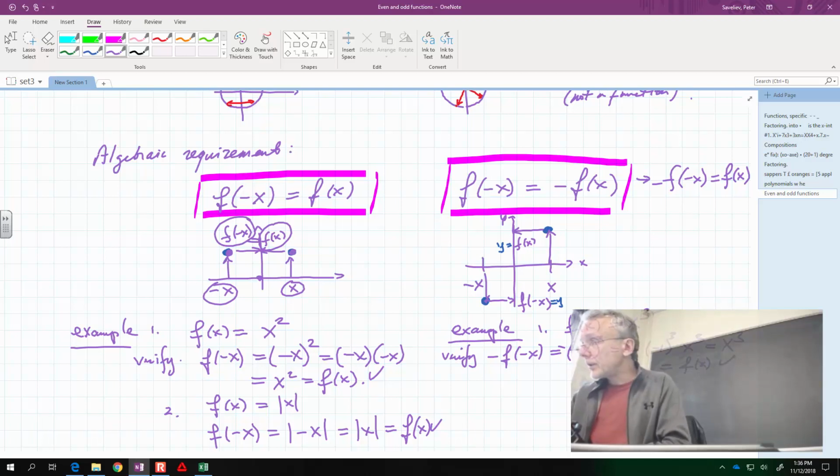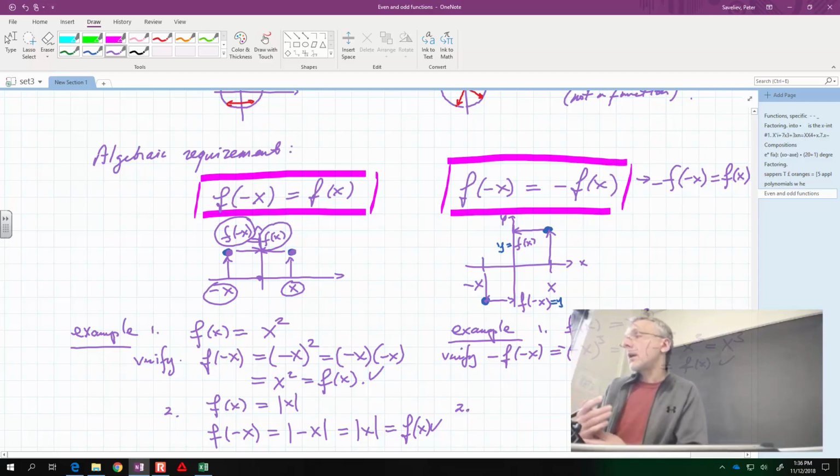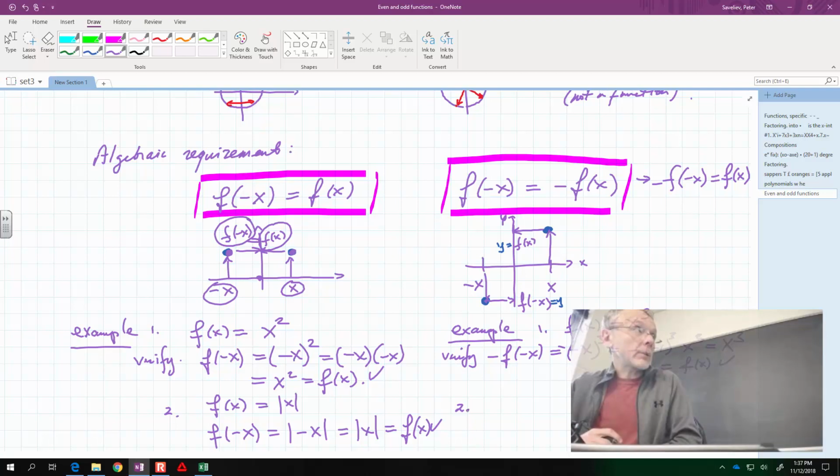So there is no good example of what we have seen so far, a function that is as simple as absolute value of x. Well, let me do something else, and that is, how about I try the second definition applied to x squared. So x squared has been proven to be even on the left, example 1 on the left. Now, how do I know maybe it's odd too?